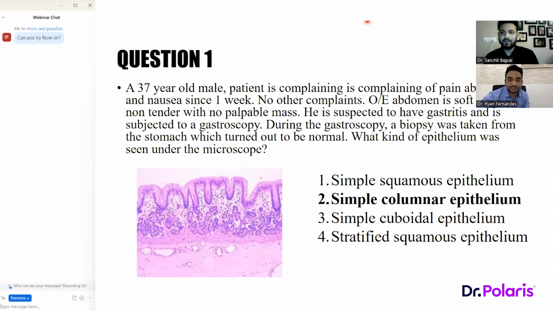So anyone for this particular question? Don't see the highlight because that is something that is accidentally there. So just try to understand what exactly is wrong with the patient after that gastroscopy. Any one particular person who wants to take this? Yes, I think there is somebody raising the hand. Afshan.